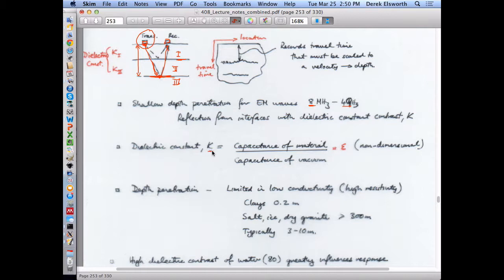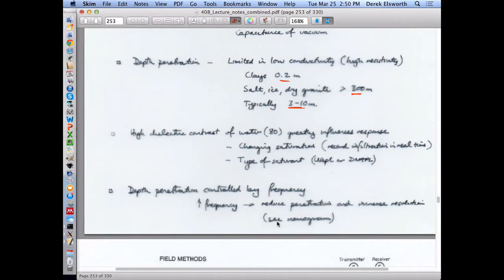As I say, it measures dielectric constant, and the depths of penetration are controlled by the different materials. Air is huge, kilometers, but for geological materials, water allows it to go quite a long way, typical rocks allow it to go less, and some materials completely mask it.